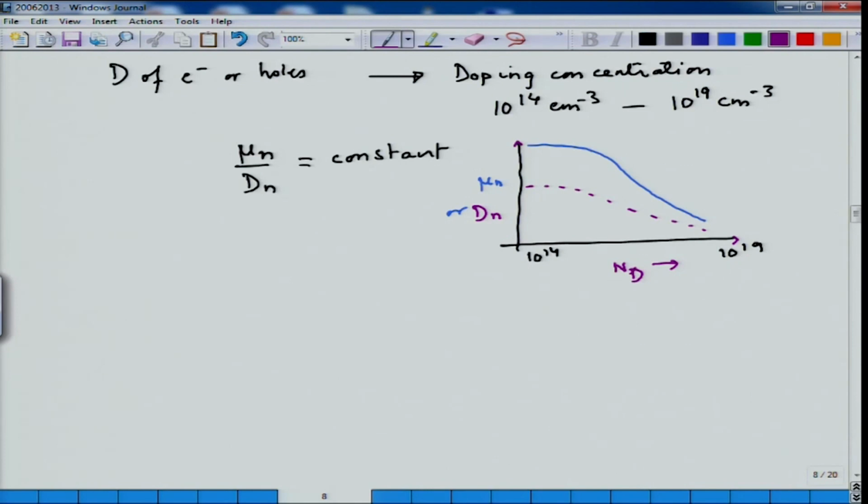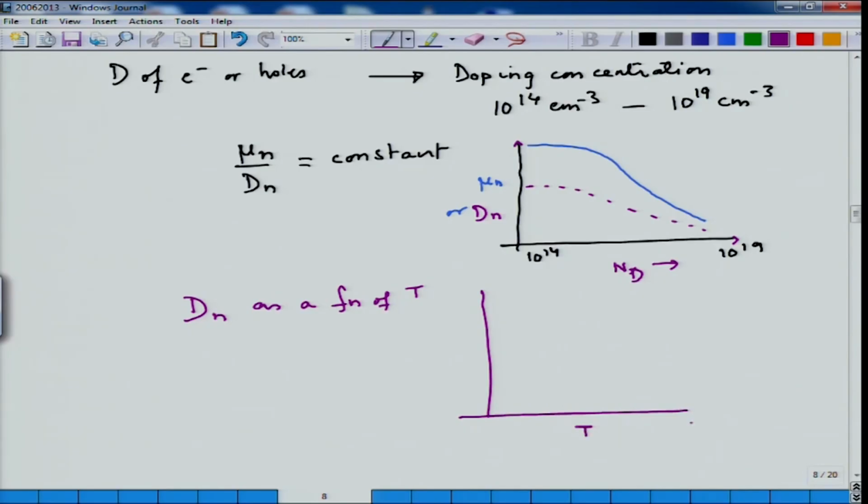If we try to see the same behavior for different concentrations, what will happen to the diffusion constant of n as a function of temperature? Schematically, what we expect is similar behavior.